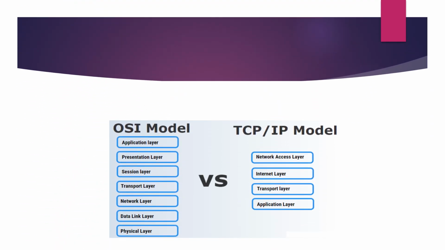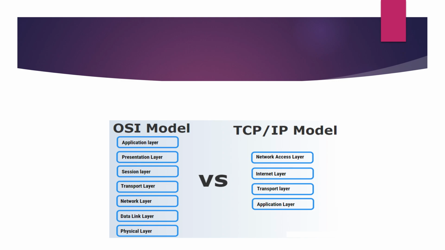So in this slide we see the OSI model versus the TCP/IP model. The OSI model has 7 layers, and the TCP/IP model has 4 layers. We can see there are the application layer, presentation layer, session layer, transport layer, network layer, data link layer, and physical layer in the OSI model.